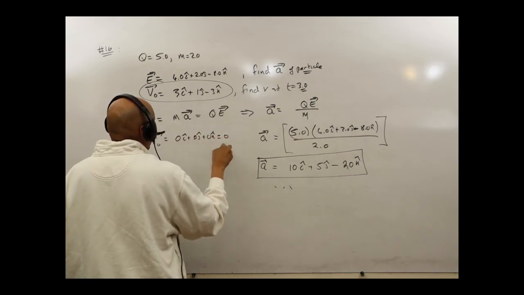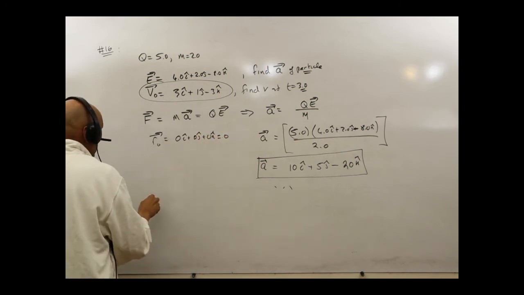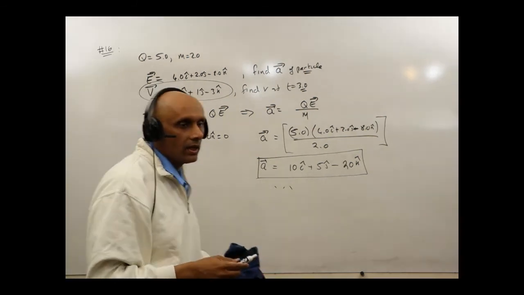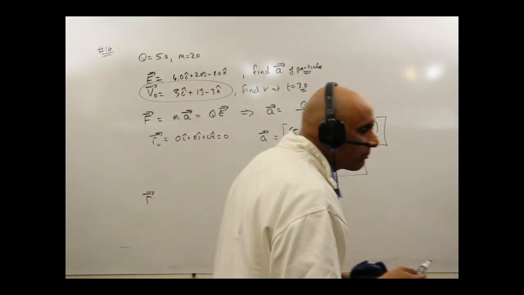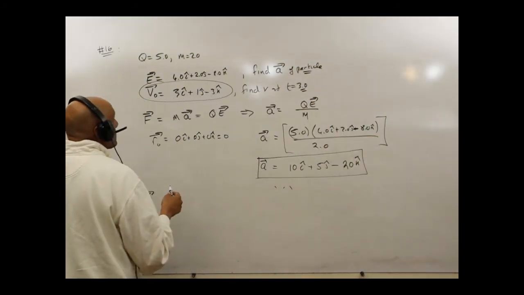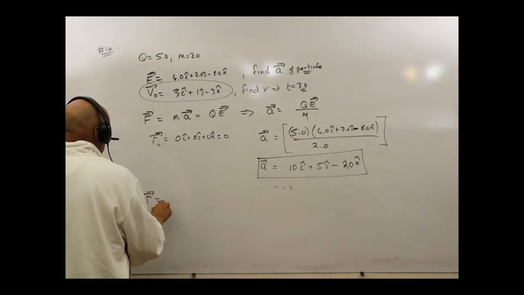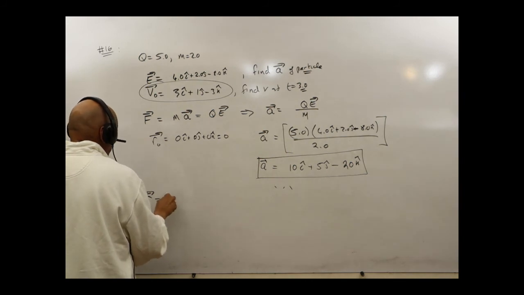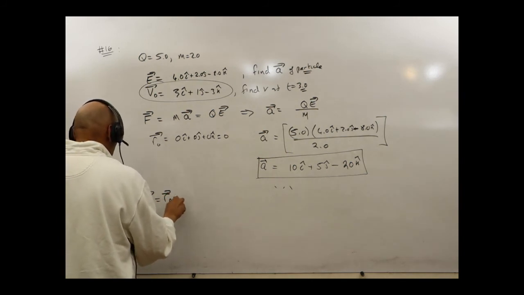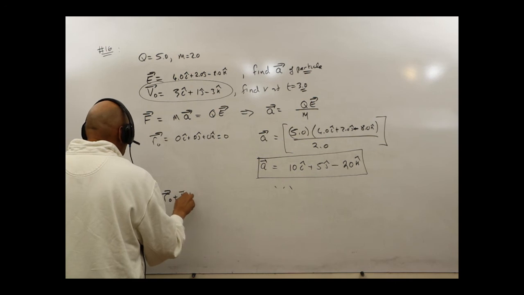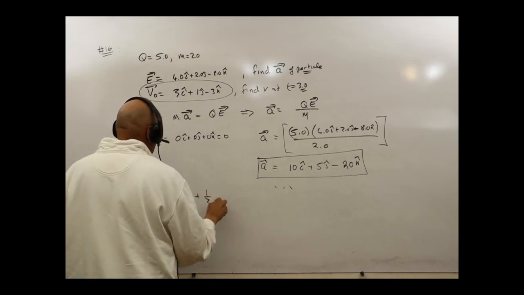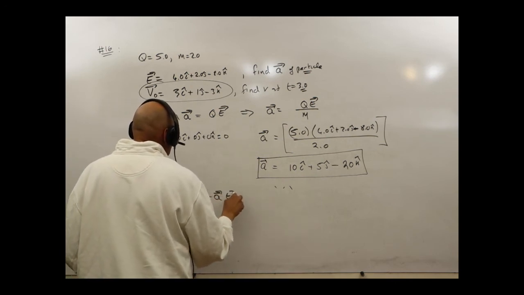Some people just say 0 for simplicity. So the position vector is equal to r0 plus v0 times time plus 1/2 times acceleration times t squared.